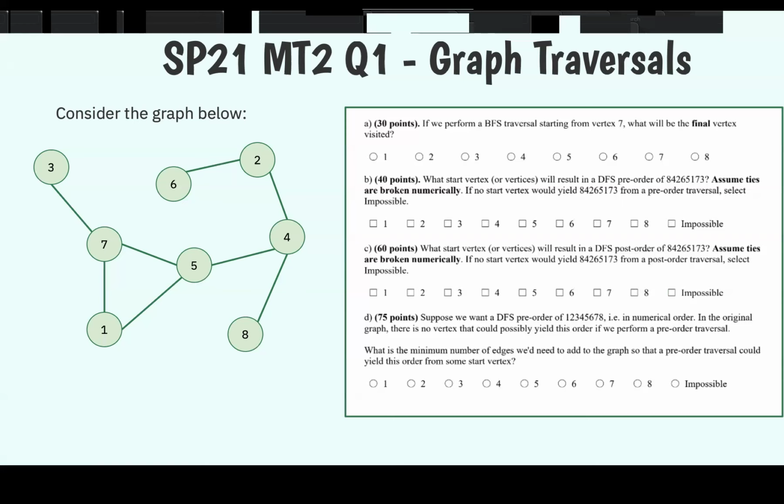So if we do DFS of 8, we first go to this node 8, and then we write down 8, right? Then we call DFS of its neighbor, which is going to be 4. So then the next node is going to be 4. And then once we're at the node 4, it has 2 neighbors, right? It has 2 and 5. But we want to break ties numerically.